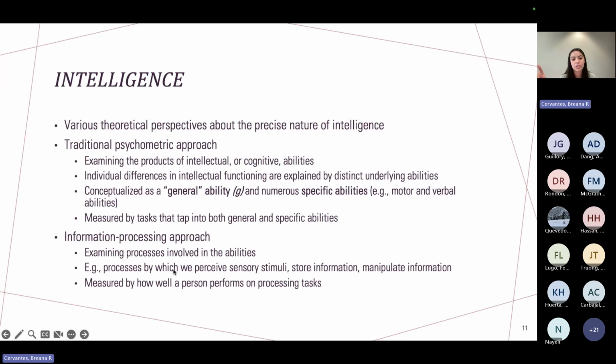And we're going to measure how well you perform on these processing tasks. So there's no one right or wrong approach. I just think that this is in clinical psychology a lot, especially talking to neuropsychologists, people who are heavily based in evidence-based approaches, looking at psychometrics. I think the field in general tends to use this one traditional approach.